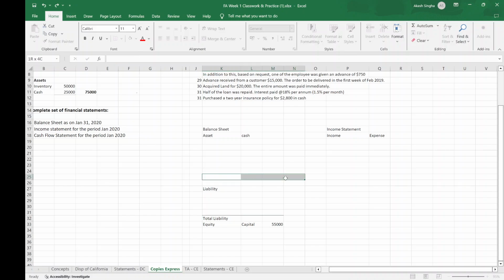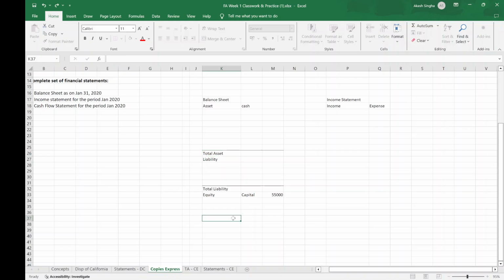Here should be the total asset. And maybe we can write total equity and equity plus liability, sorry, which should always be the same as total asset.